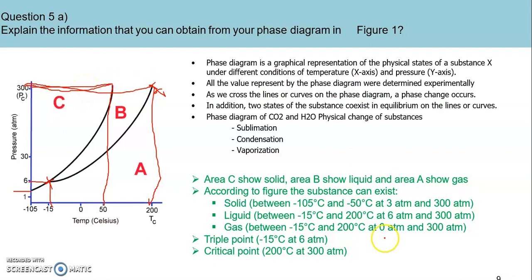So all this information here can be obtained from the graph. Besides, you can have any other relevant point, and you can reduce it, or you can extract it from the graph. Then each point can be marked in your exam.